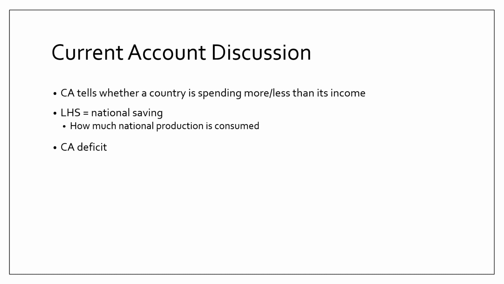The left-hand side is national saving, which tells us how much of national production is not consumed by domestic households and the government. A CA deficit measures how much a country saves too little relative to its investment needs. This explains the widespread use of a CA deficit in the media as a measure of how a country spends more than it earns, or is living beyond its means.